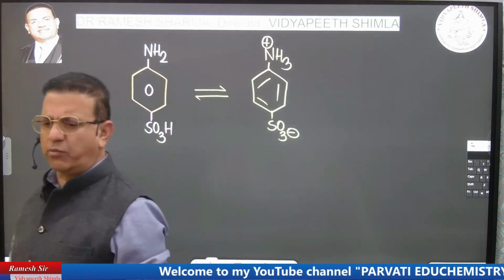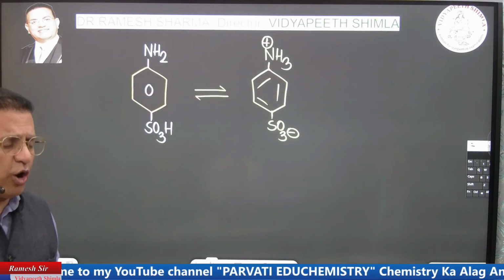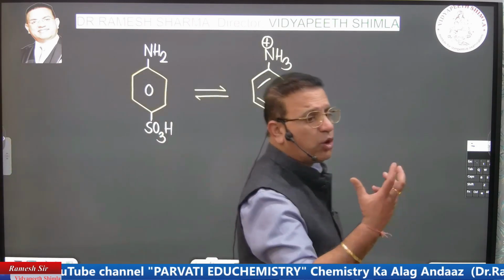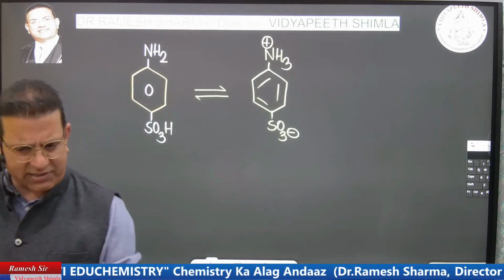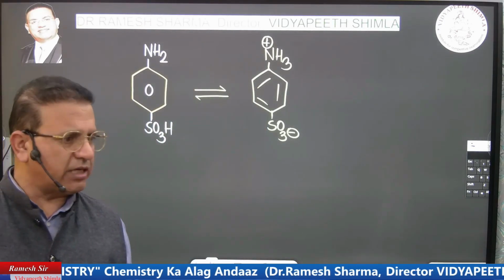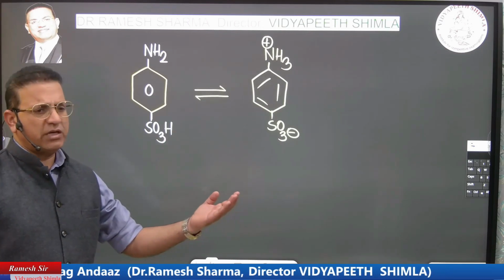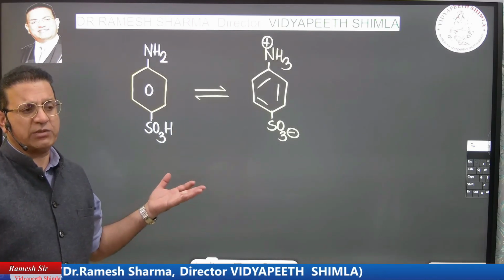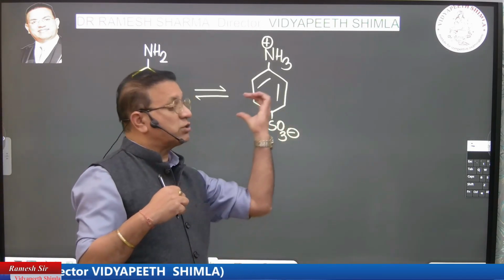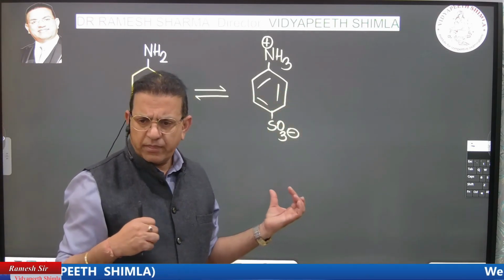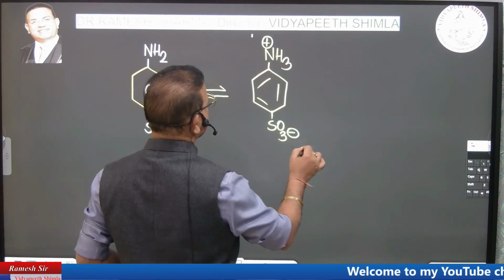SO3 negative is more stable than SO3H. COO negative is more stable than COOH, because in COOH there is separation of charge, and in SO3H there is separation of charge. But if it is SO3 negative, it is a stable conjugate base with the 3 equivalent resonating structures of negative, which is resonating on O only. And we got this. What is this?